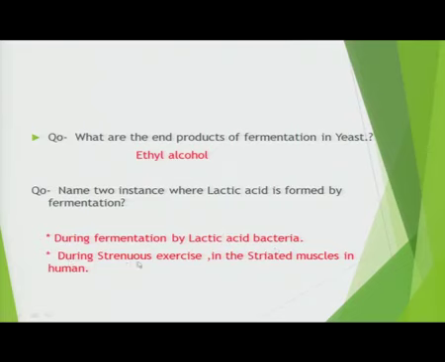The second instance is during strenuous or vigorous exercise, when sufficient oxygen is not obtained by the organism, so the static muscles accumulate lactic acid. So these are the two instances: one is the formation of curd, and the second is vigorous exercise, where lactic acid is accumulated inside the muscular cell.